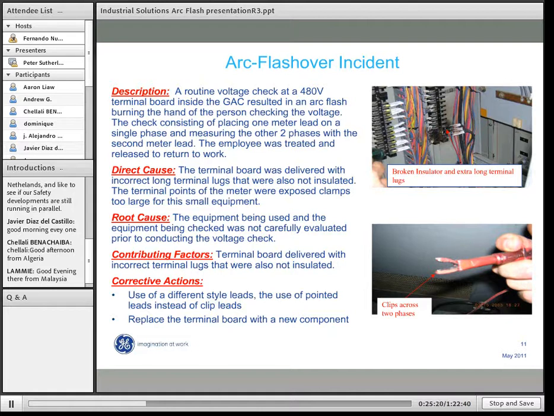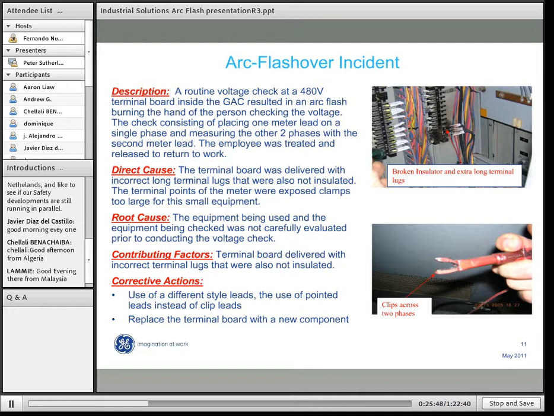And it was determined that the terminal lugs were too long and that they were not insulated. So also that the meter being used had clamps that were too large for this type of equipment.